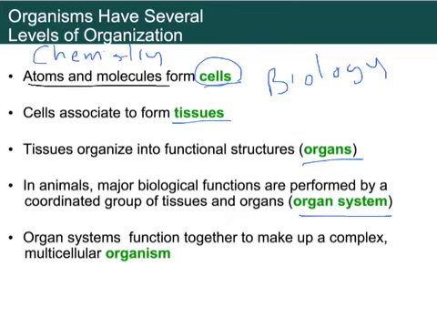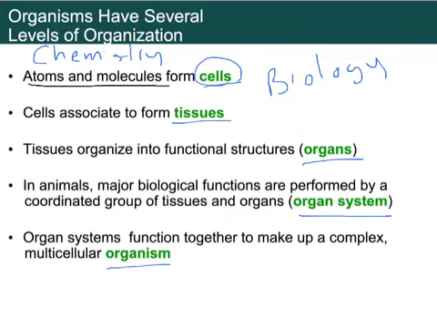Like our pulmonary system, that's our lungs and our breathing. Our vascular system is all of our blood and the heart and the veins and the arteries and all that stuff. Nervous system, all of our nerves put together. That's the system. Organ systems then get together and make an organism. That's what we are. We are all organisms. So you can see everything is getting bigger as we go.